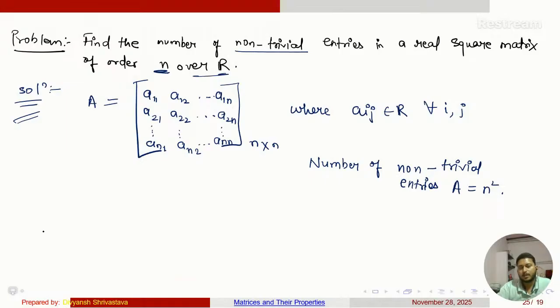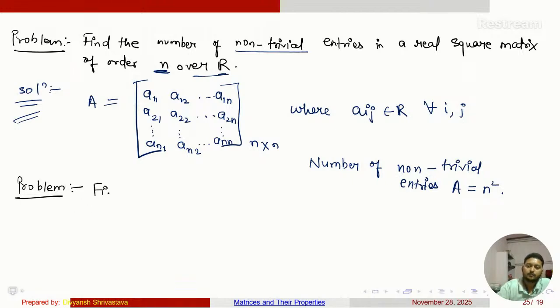We study a field and scalar multiplication, and in a field we use the set of real numbers and the set of complex numbers. So the problem is related to a complex square matrix of order n.